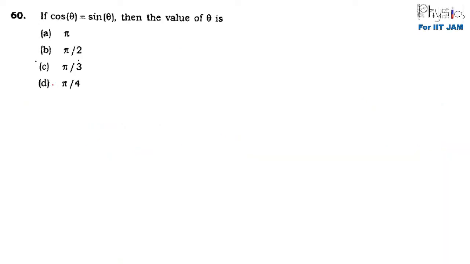This is our next question, and it is very, very easy. It's a very easy question which came in the JNU CEEB 2017 paper. So tell me if you can solve this. If cos theta equals sin theta, then the value of theta is pi, pi by 2, pi by 3, pi by 4.